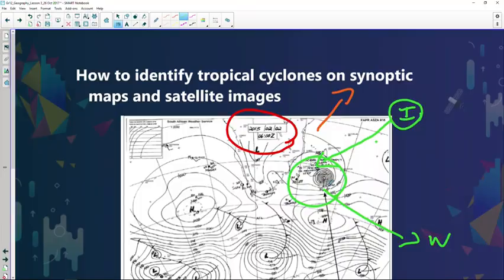Unfortunately, our synoptic chart has not been printed a little bit bigger, but as you can see right there in the middle, we have the eye of the tropical cyclone. That's the symbol that we use to represent the eye. And most probably this tropical cyclone also had a name. Let's call it Helene.